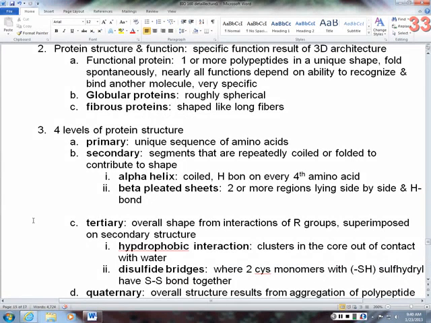Once you have that unique sequence made, it's going to form either alpha helices or beta pleated sheets, and that will be its secondary structure. You're going to have regions that will repeatedly coil up if it makes alpha helices, or they will repeatedly fold into what they call beta pleated sheets. And that happens spontaneously.